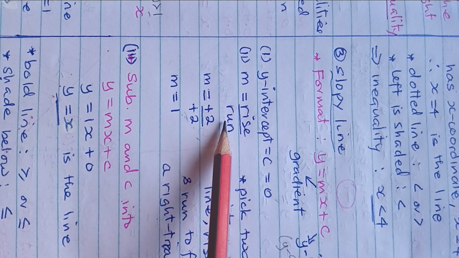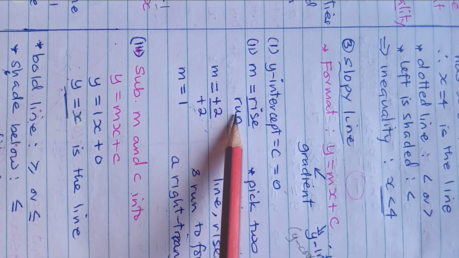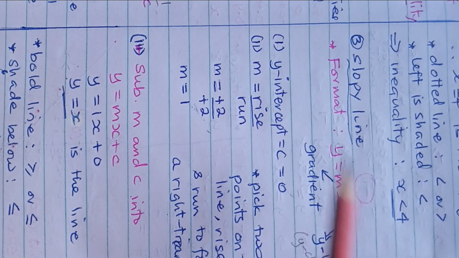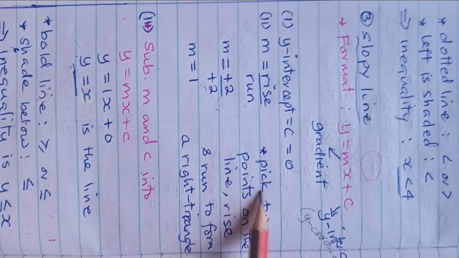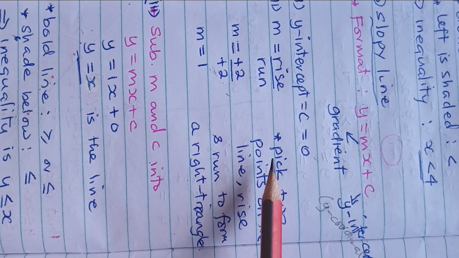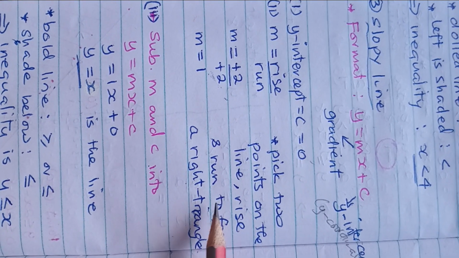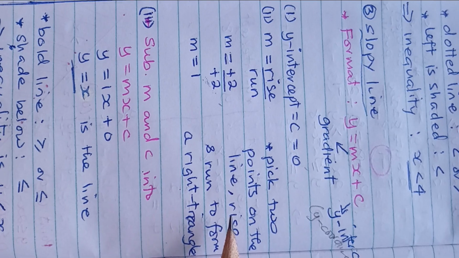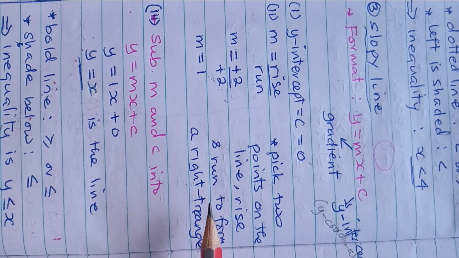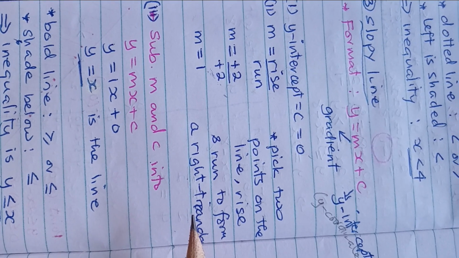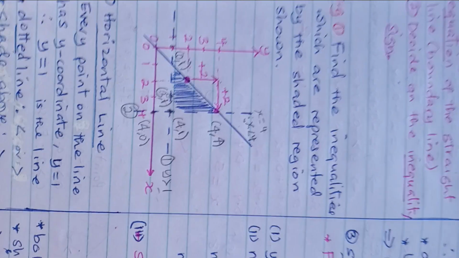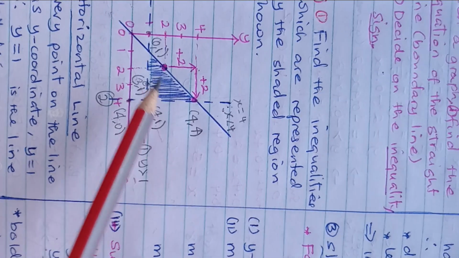That's rise over run in simple form. We'll talk about the formula later on. Put a note here: pick 2 points on the line, and then you rise from one point and run to the other, forming a right triangle. Let's see what that means.